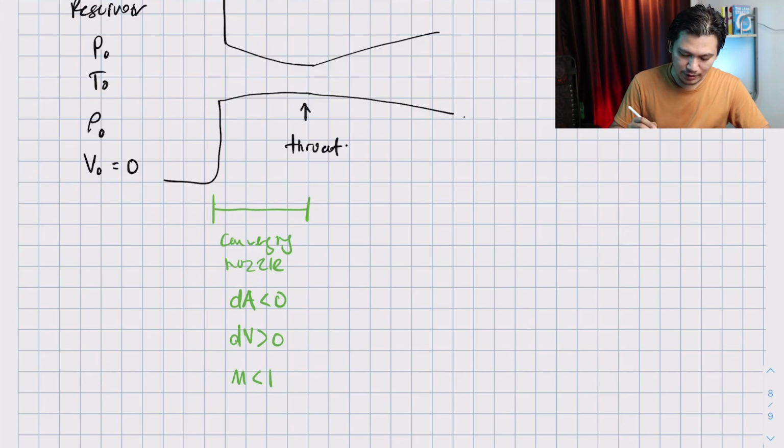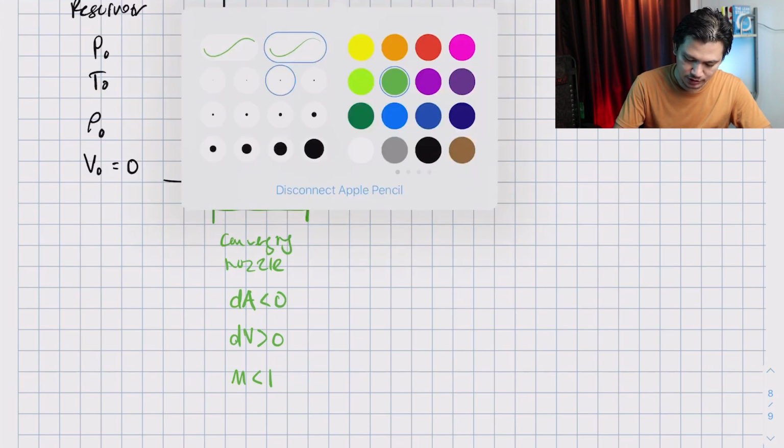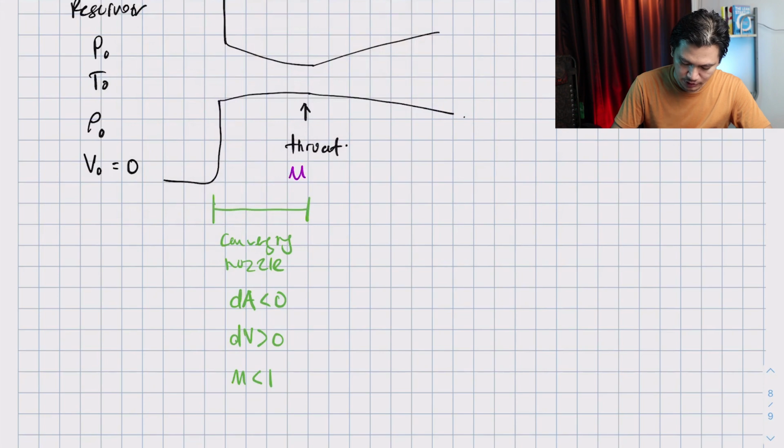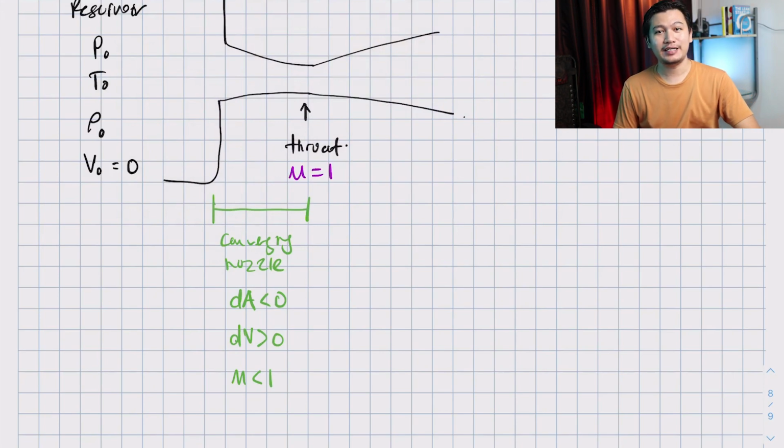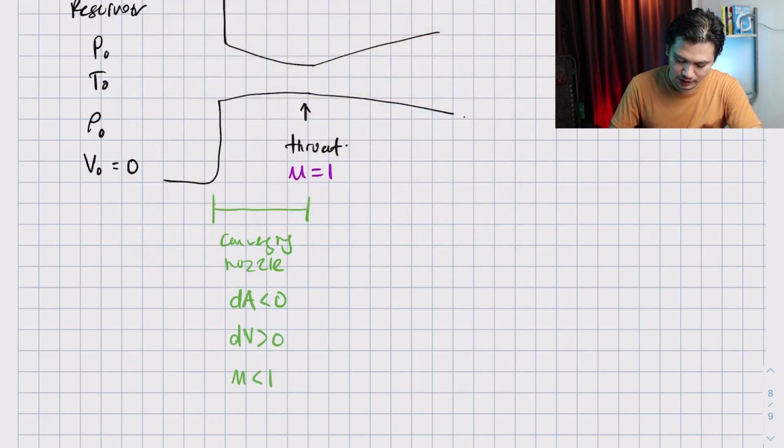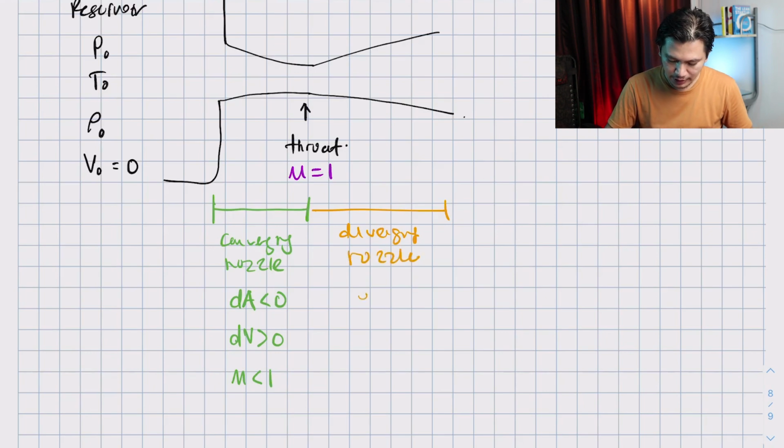Okay, but when Mach number equals 1, which happens at the throat, the Mach number becomes 1. Alright, and to make the flow go supersonic, which means Mach number more than 1, what you need to do is to increase the area. That's why you have the diverging section of the nozzle. Okay, so this is the diverging nozzle, whereby the dA here is positive, meaning that the area is increasing.